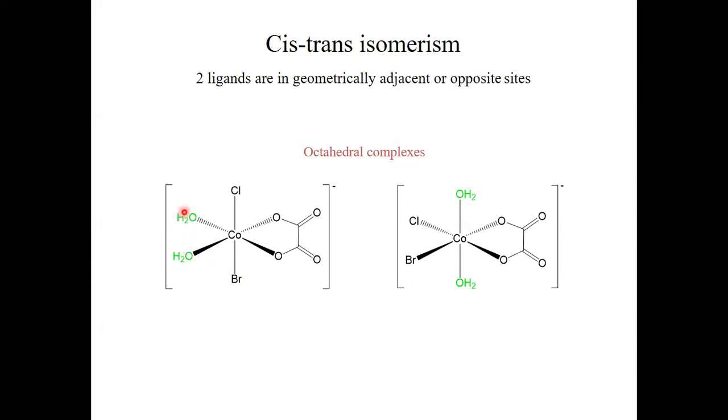Whenever in an octahedral complex two ligands of the same type are in cis position, they must be on the same face of the octahedron, and you can see this here. This is one face of the octahedron, and it contains this one chloro ligand and these two aqua ligands, whereas over there the two ligands would not share a common face.